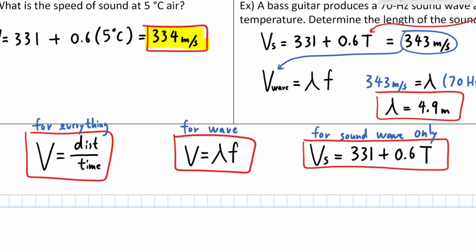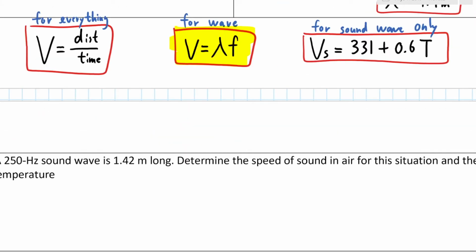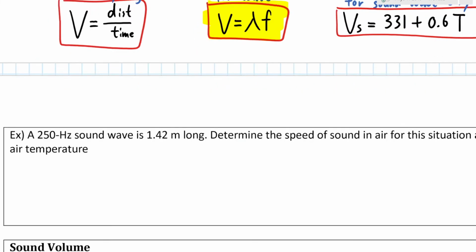But if you have a wave traveling on a rope, a wave traveling on a slinky, a wave traveling in space, like speed of light, then the only equation you can use is the middle one, because the middle one works for any wave, whereas the speed of sound equation only works for sound. I mean, hence the word speed of sound, right? Okay, so I want to go through another example before we go back. So let's go to the next page to look at another example first.